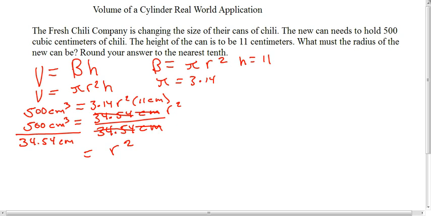Now the question is, what do we get when we divide 500 by 34.54? What I want to do is show you piece by piece exactly what we're doing.